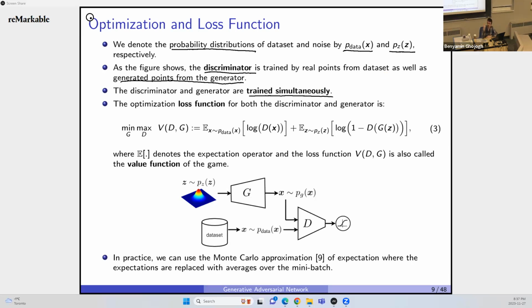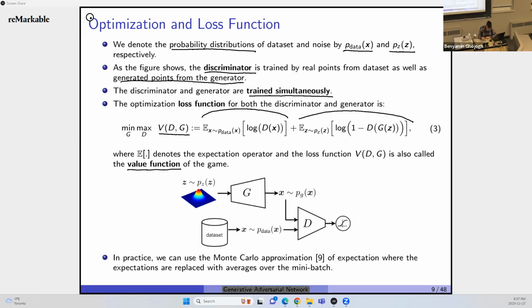As a result, I have one loss function for both. So let's see this. This is the loss function that I'm having. Let's analyze it. It has two terms, this term and this term. V(D,G). Why do we call it V? Because it's also called the value function of the game. It's a function of both discriminator and generator.